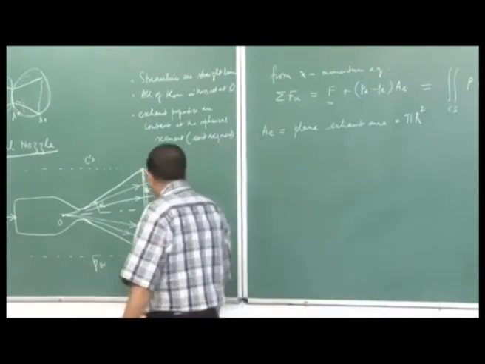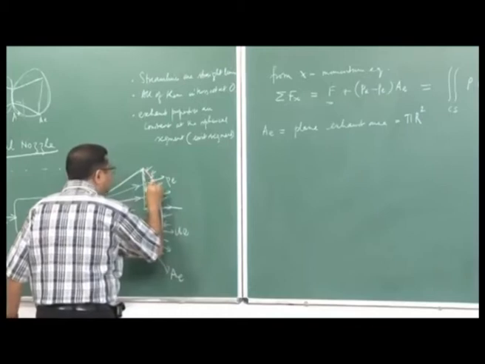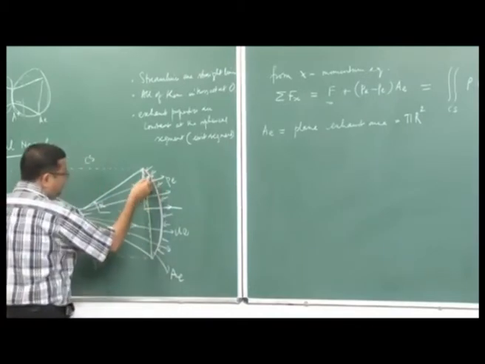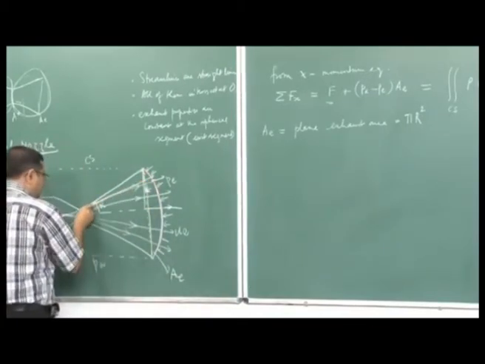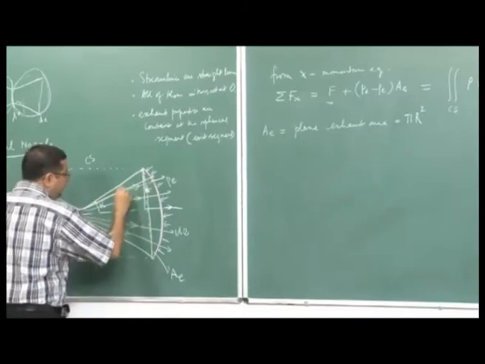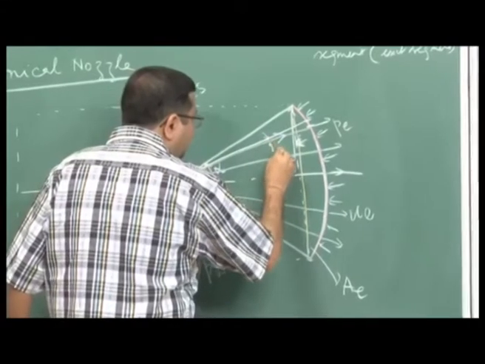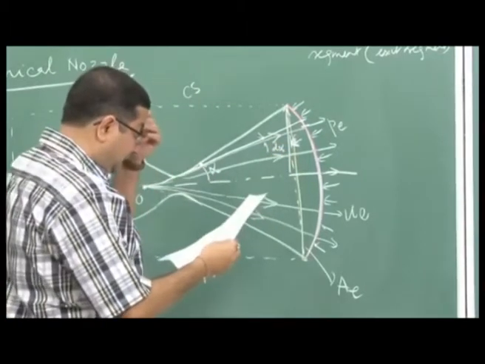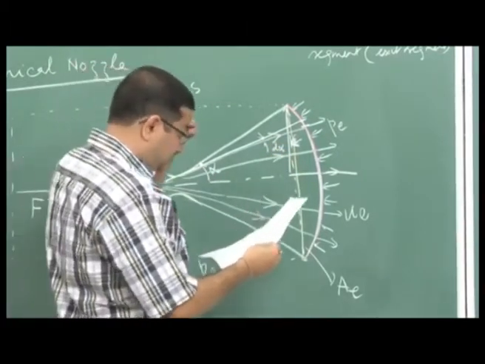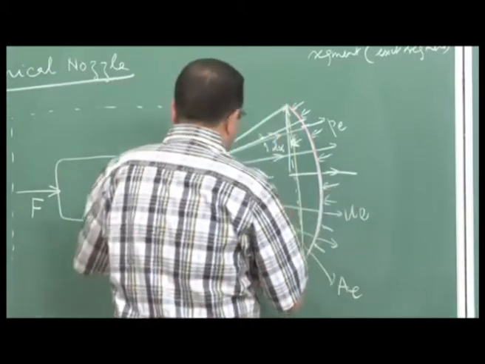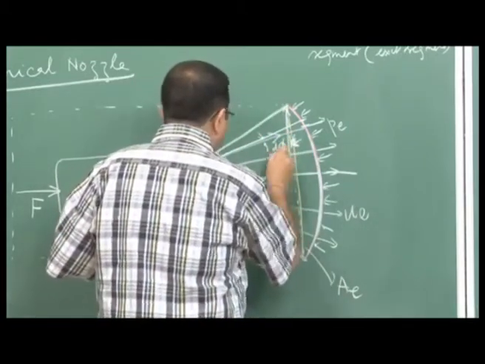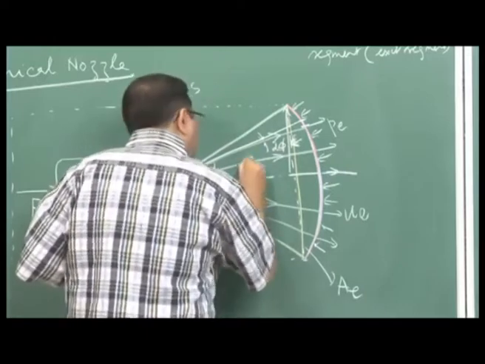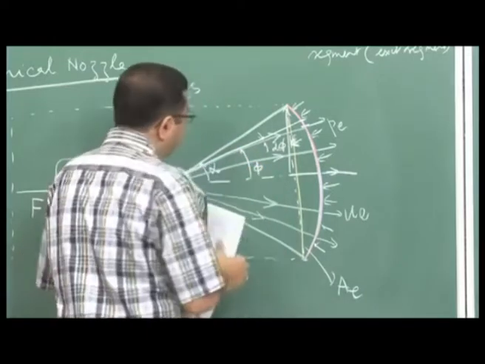Now, let us consider a small elemental area here. The angle here, let us say, is d alpha. Rather let me take it as d phi, because alpha I am using here, and this angle is phi.